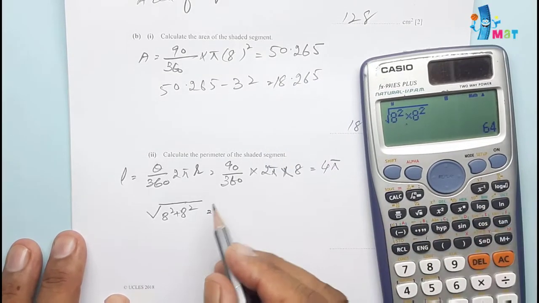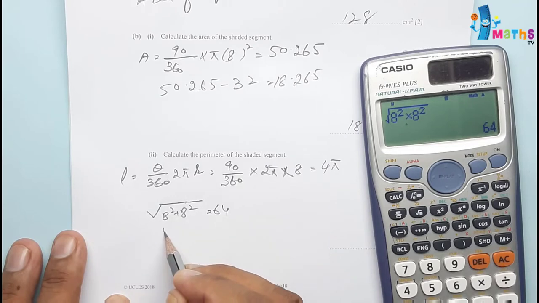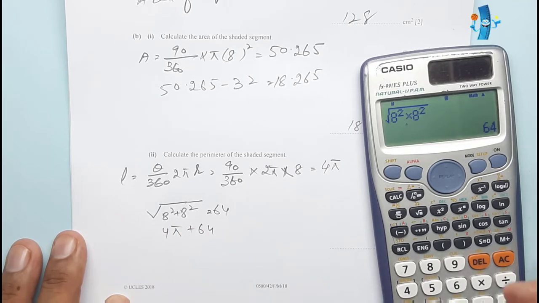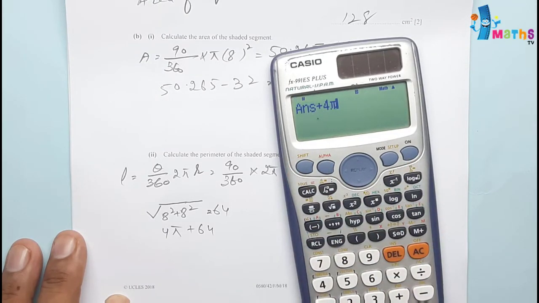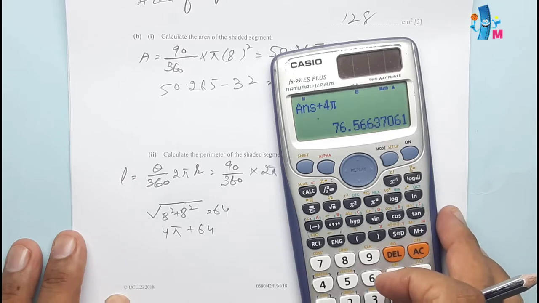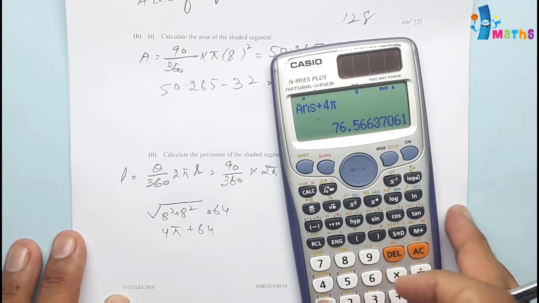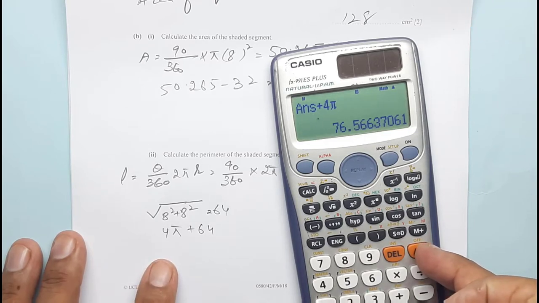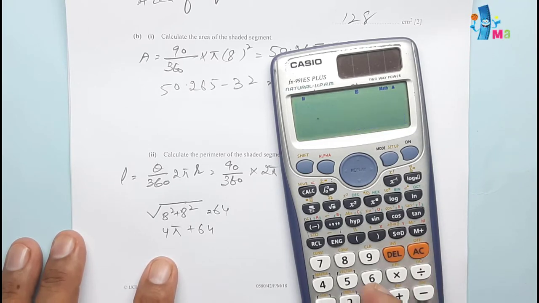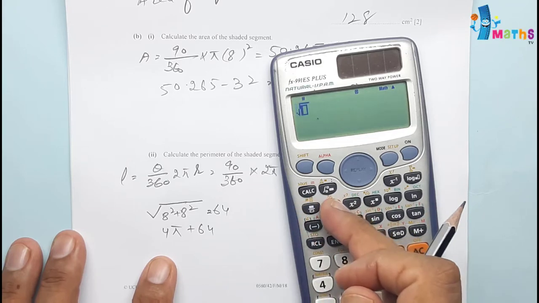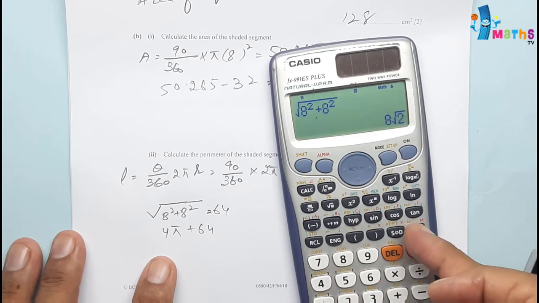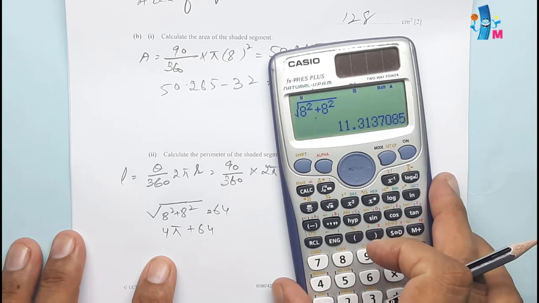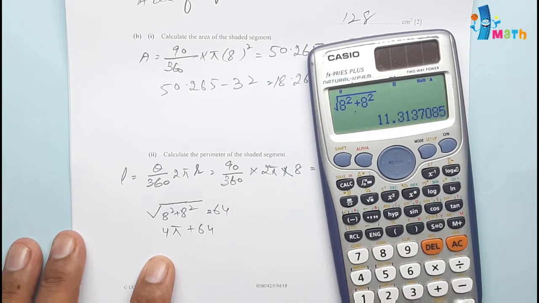So 4 pi plus 64, this will be equal to 76 point. There is something wrong in the calculation, so we'll check again. Root of 8 squared plus 8 squared is equal to 11.313, not 64.